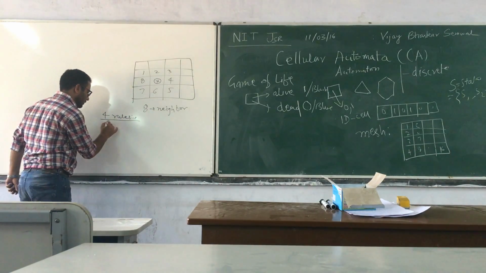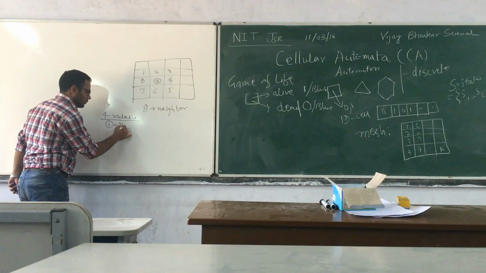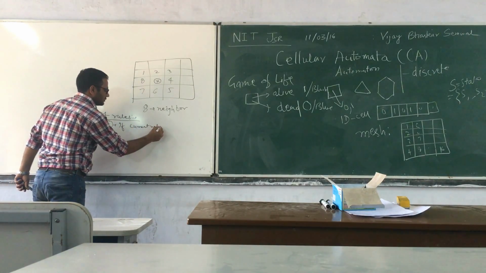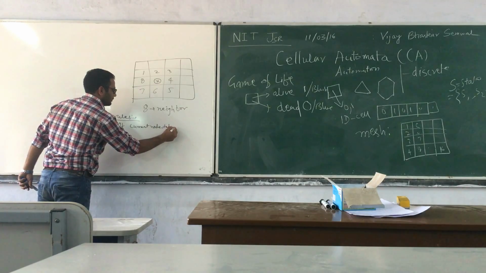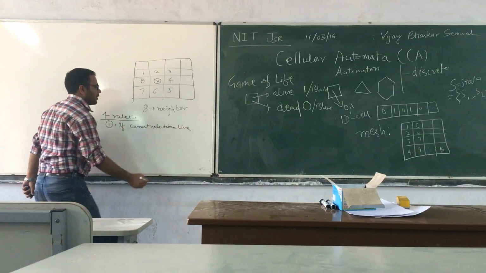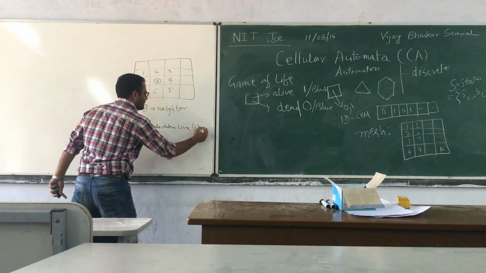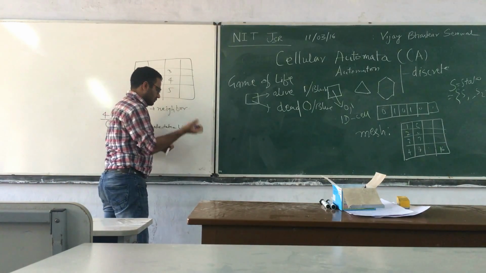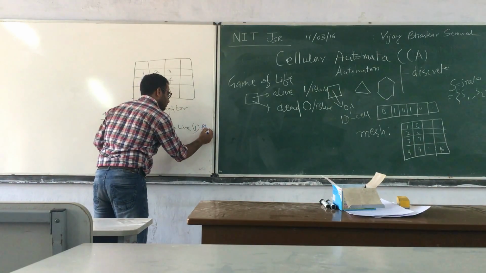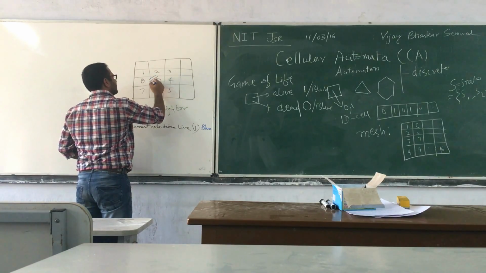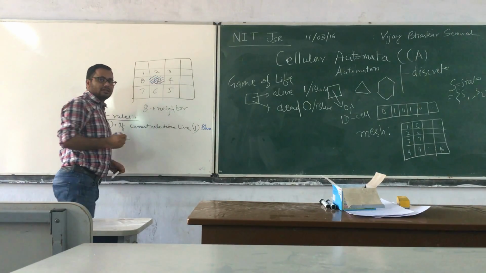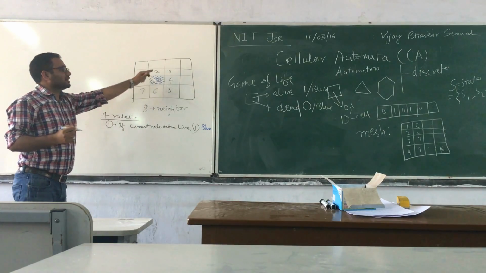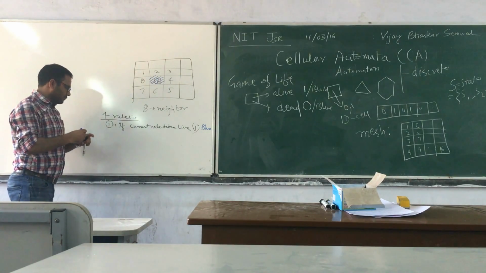First one, if the current node state is 1, or I am representing it using blue color, this is my current state. The next state will depend on the condition. So I am giving 3 or 4 conditions.